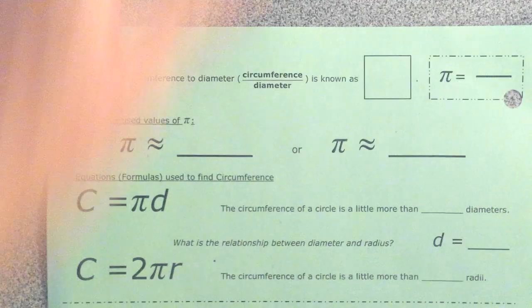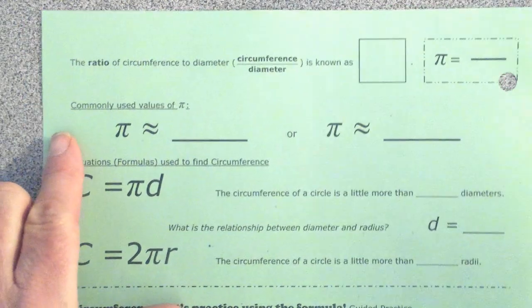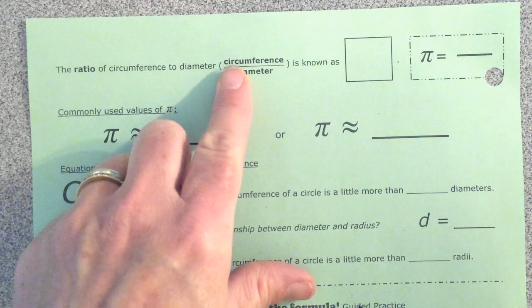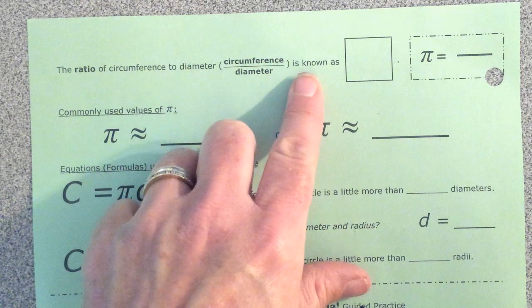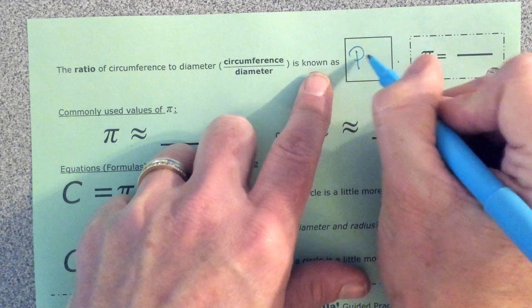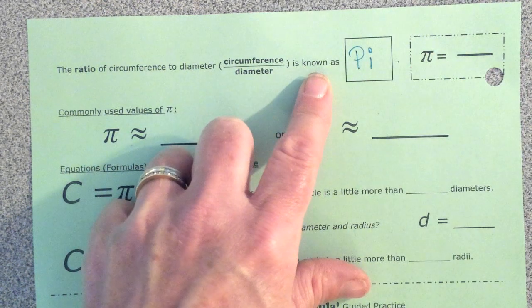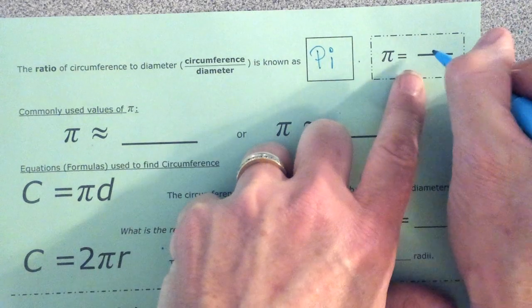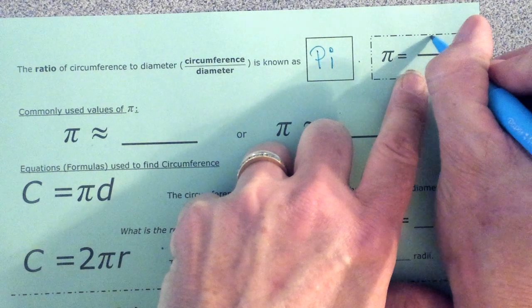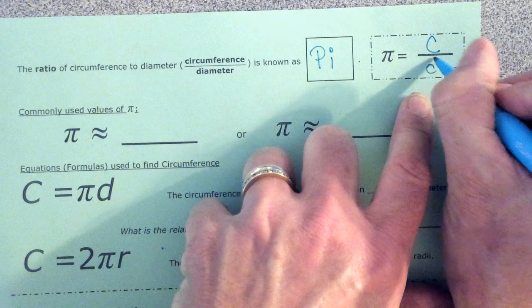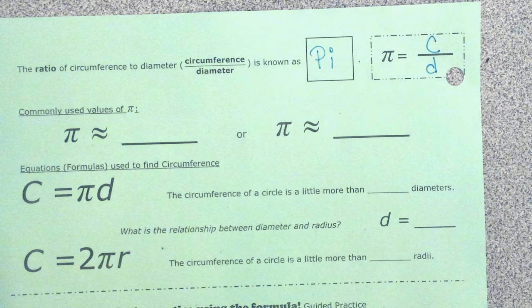So on the back part of your notes, the ratio of the circumference to the diameter is known as pi. The way we find that is you take any circle's circumference and divide it by its diameter, and it will always give you pi. Now mine was not 100% accurate.